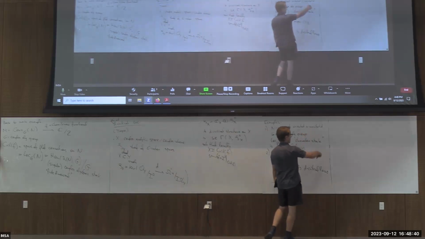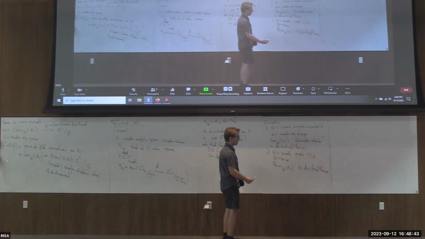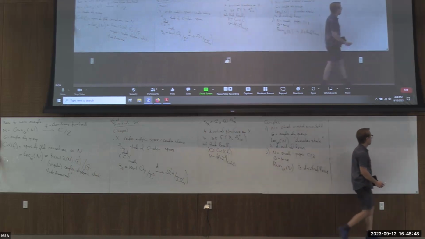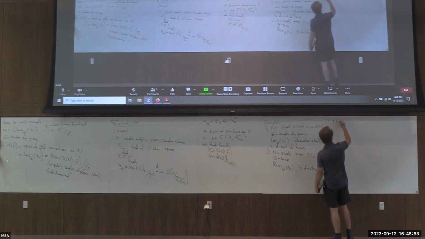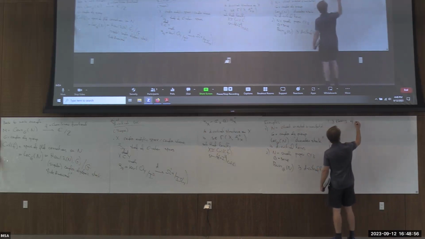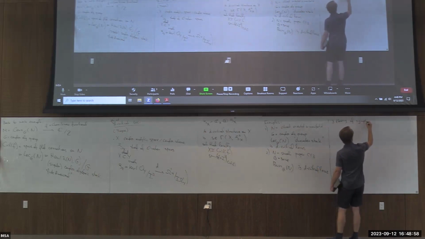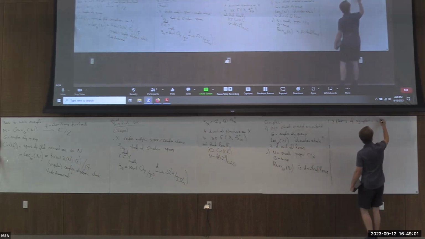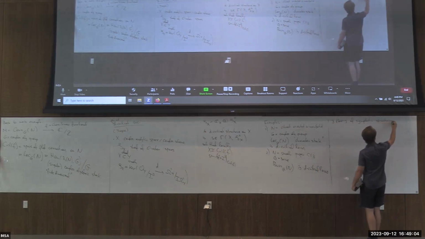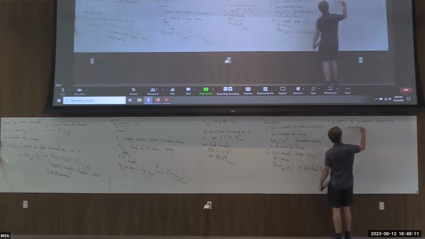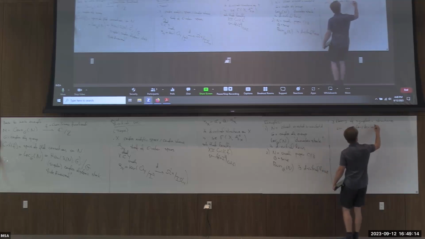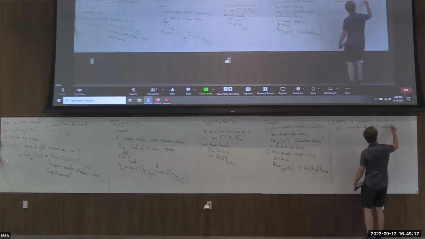These two examples actually fit into a slightly more general theory that I will just mention the name of. There's a theory of symplectic structures on possibly singular or maybe derived algebraic stacks.